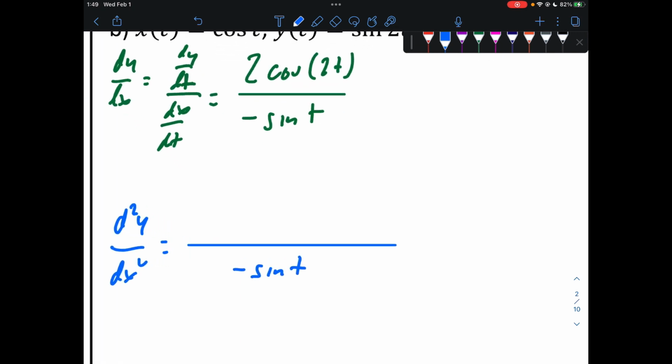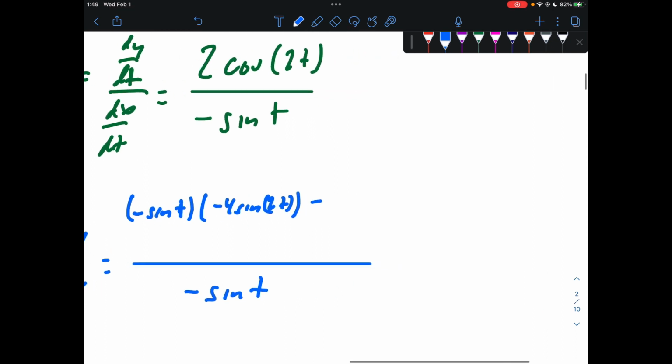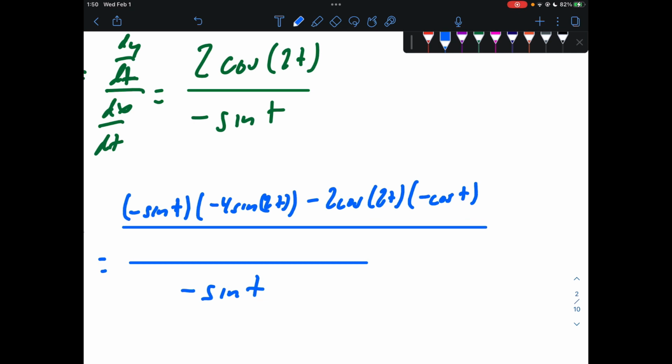Okay, so the quotient rule says the denominator times the derivative of the numerator, so that's going to be negative 4 sine 2t, minus the numerator times the derivative of the denominator, which is negative cosine t, all over the denominator squared, so sine squared of t.